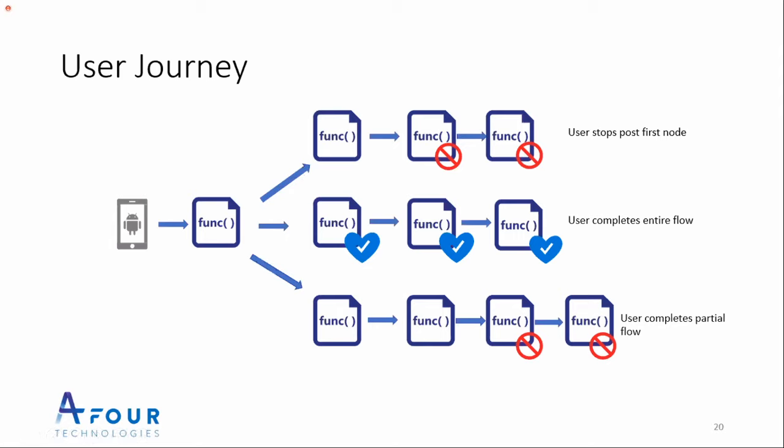And then you can also understand that there are different kinds of paths wherein the user stops after the first node. If you deep dive into that, you can understand whether it is because of user experience, or because of faults in your application, that people are not moving or not using this path.